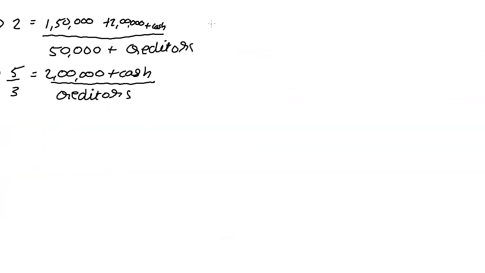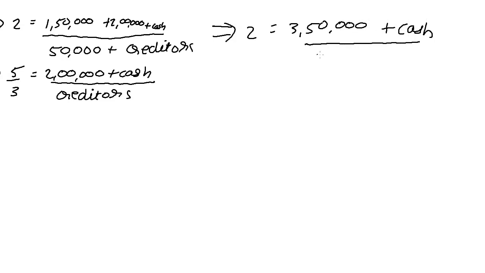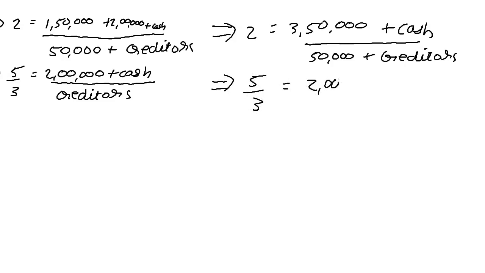Okay, so I'm again simplifying both of these one more time. We are saying that 2 is equal to 1,50,000 plus 2 lakhs gives us 3,50,000 plus cash upon 50,000 plus creditors. Similarly, we can say that 5 by 3 is equal to 2 lakhs plus cash upon creditors.